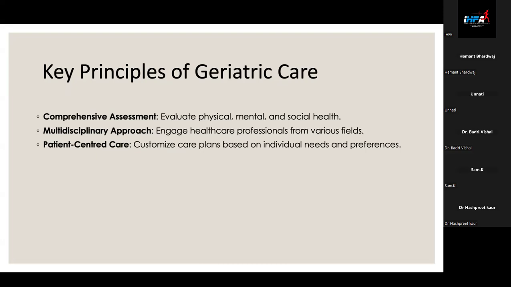As we usually say, every child is different, every child is special. Similarly, every geriatric patient is different and special. They come from different parts of society, different lifestyles, and different perspectives altogether, so it is very important to have a customized care plan based on their individual needs and preferences.